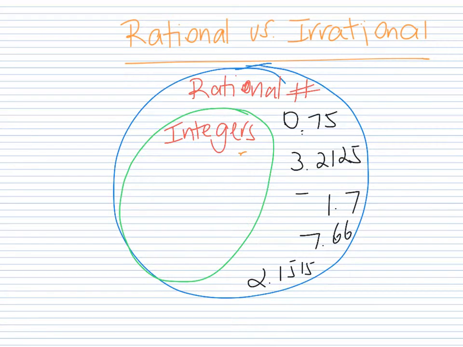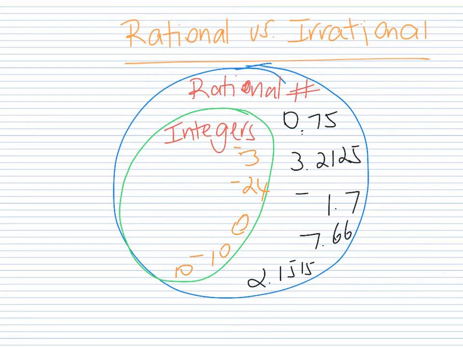So, for example, negative 3, negative 24, we can have 0, we can have 10, negative 10. Basically it comes across as negative and positive.